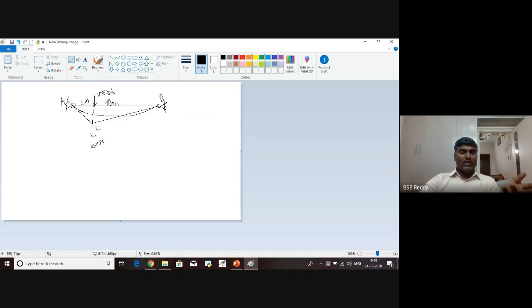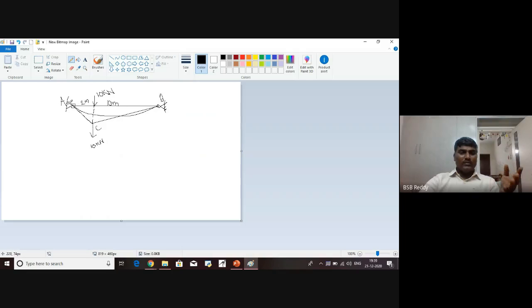If there is no 10 kilonewtons, the self weight of the cable itself will cause internal force in the cable, but that is negligible. So you have 10 kilonewtons. Now what is the internal force developed in the cable, that means the tensile force?